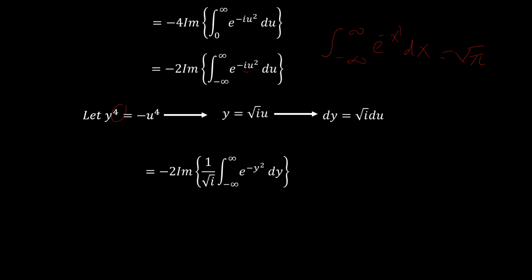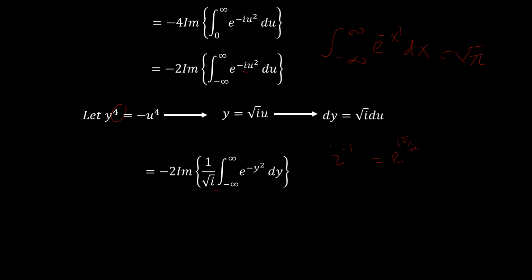And here now, because we have shifted back where dy over root i is the same as du, in place of du we have dy over root i, and we pulled root i out. Now i to the power negative 1 is the same as e to the power i pi over 2, right?